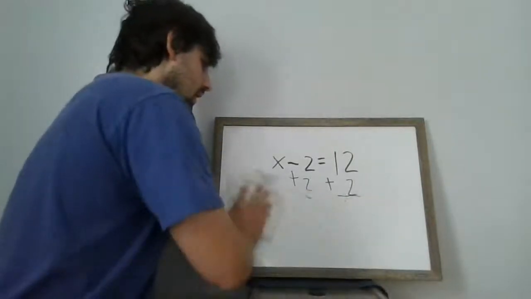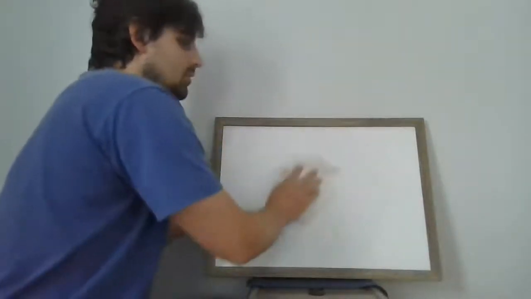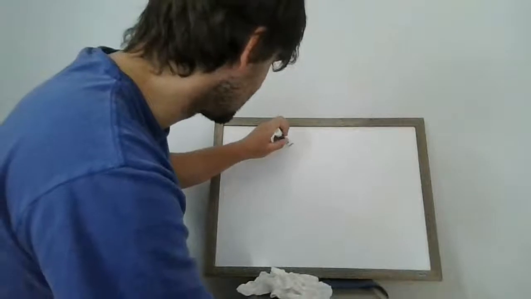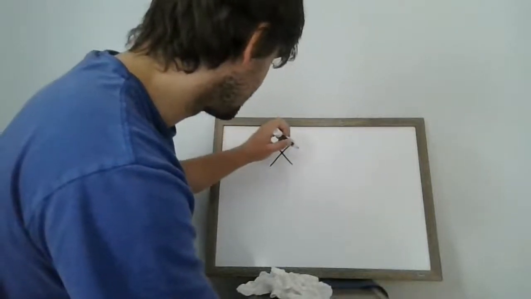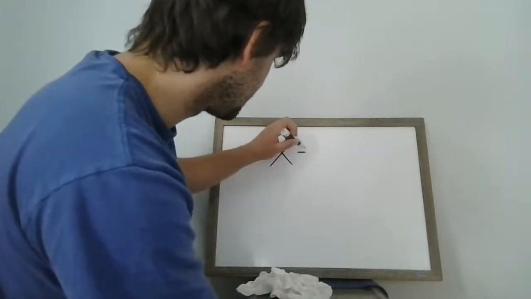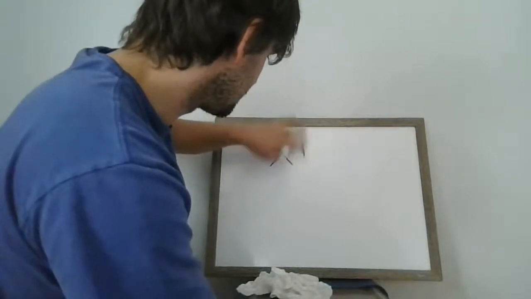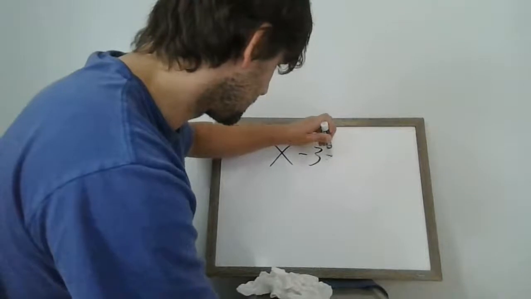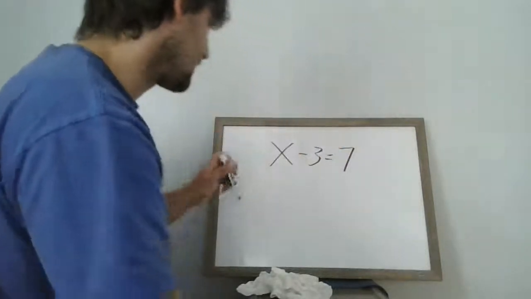So I'm going to do 2 more problems. For these next 2 problems, if you feel confident to try the problem on your own, feel free to pause the video and then unpause it to see if you did it correctly. X minus 3 equals 7.